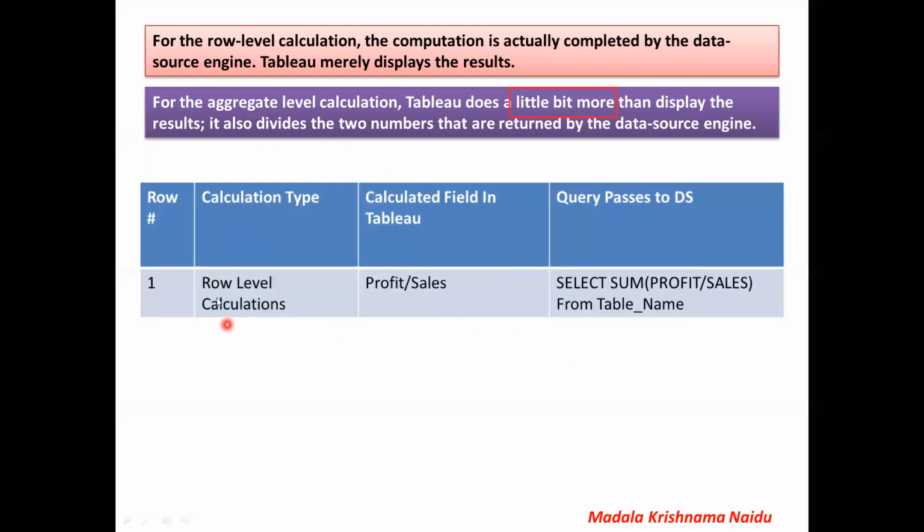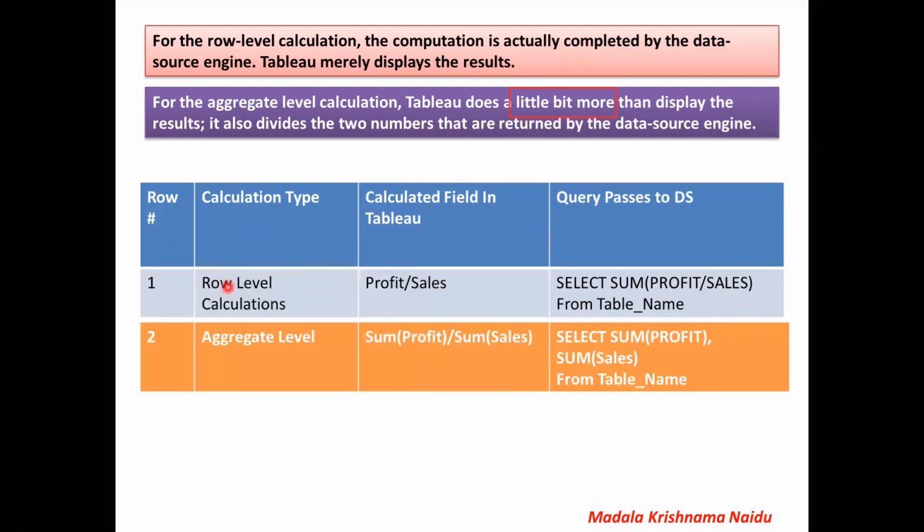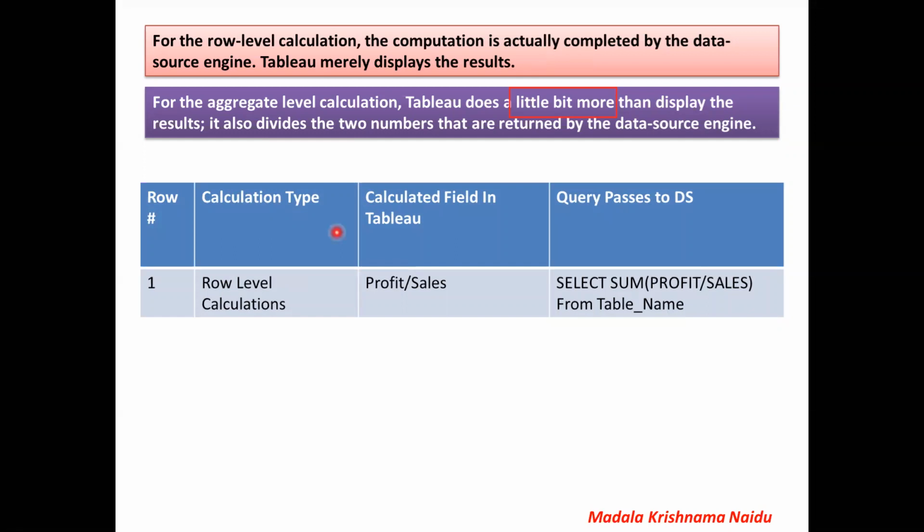Now we'll see here. I have an example of how the query is sent to the data source in the case of row level calculations. This is the calculation which we have written. Automatically, whenever you drag something into our visualization, a query is executed against the database to retrieve the data.